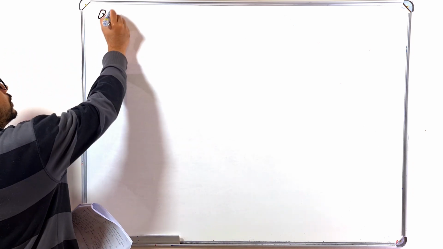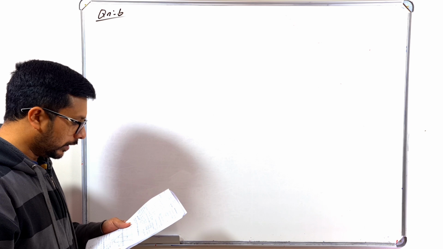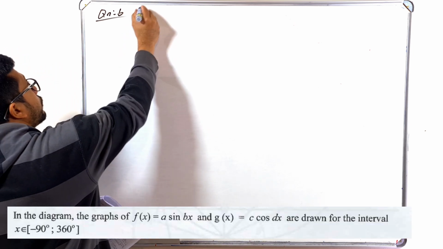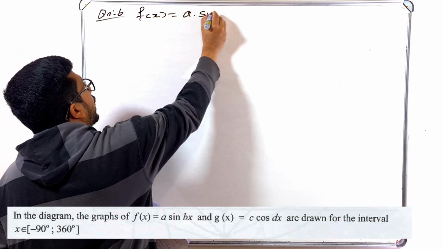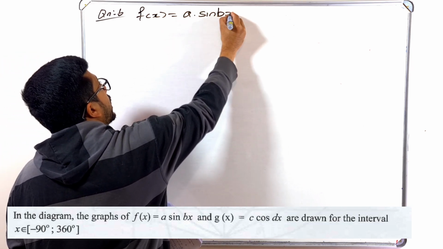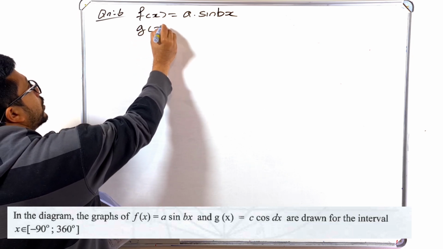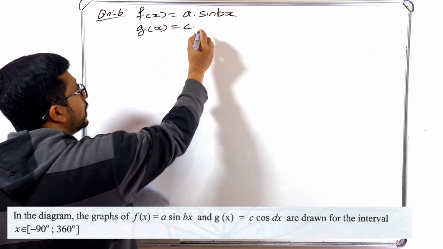Question number 6. What is that question? In the diagram, the graph of f of x is equal to a sin bx, and g of x is equal to c cos dx.